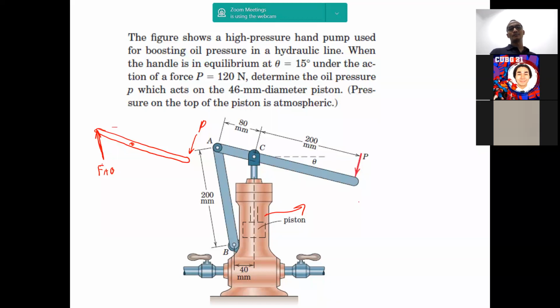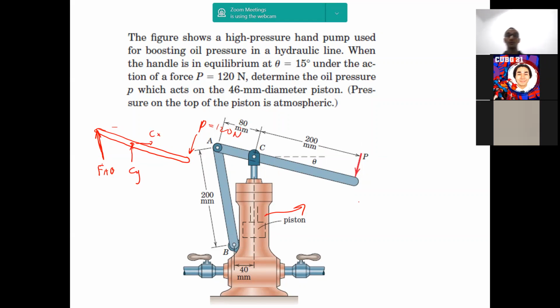C to the piston is not a two-force member, right? If it's not a two-force member, then we have to put reactions CY and CX there. Okay, Rafi? Okay, sir. So this is basically our free body diagram. P there is 120 Newton.